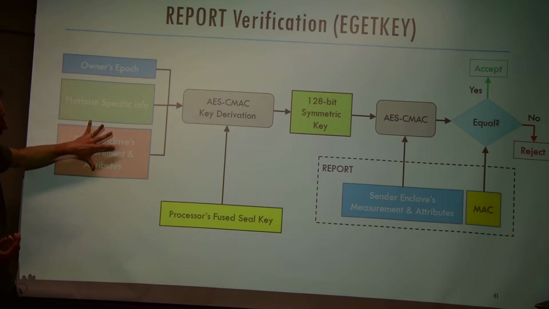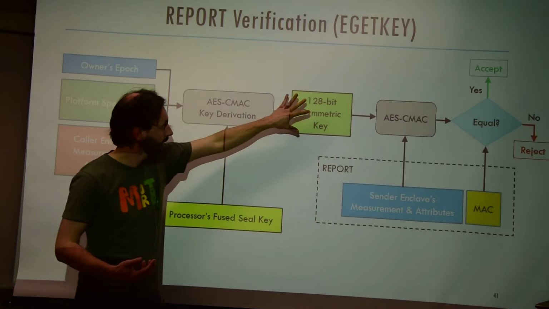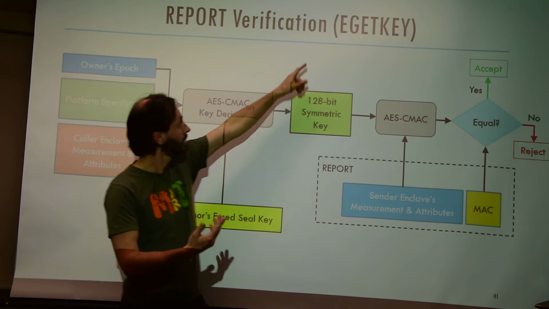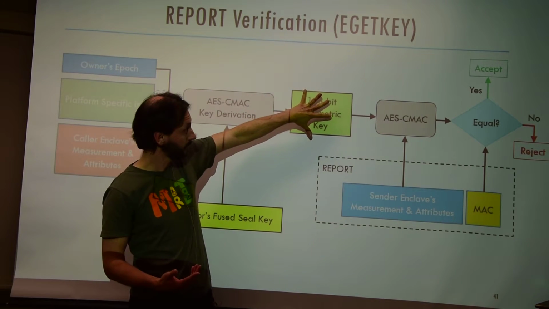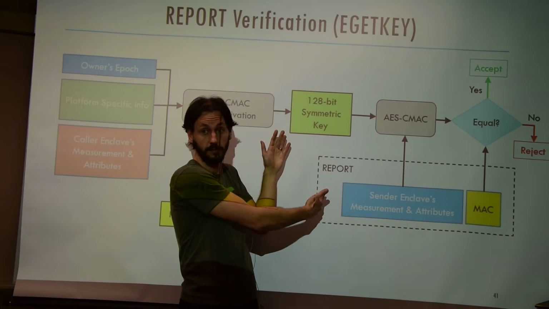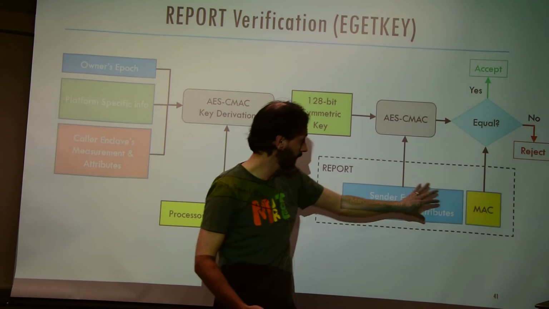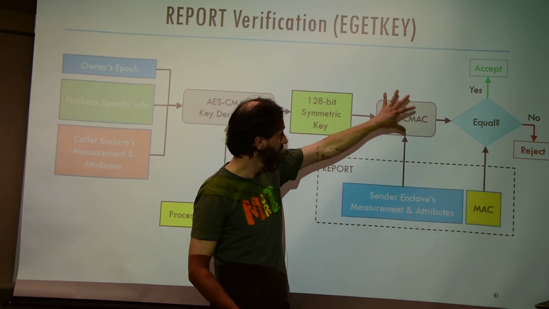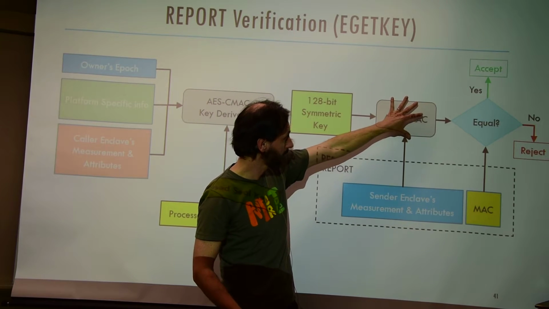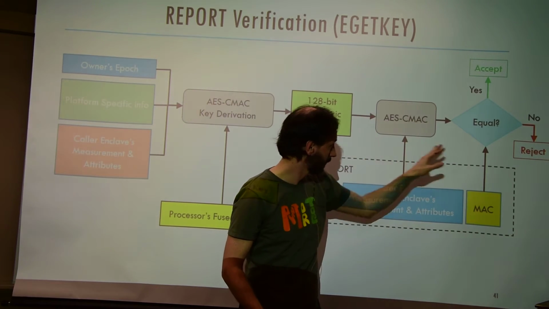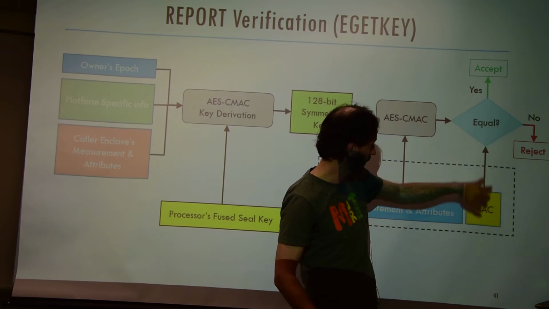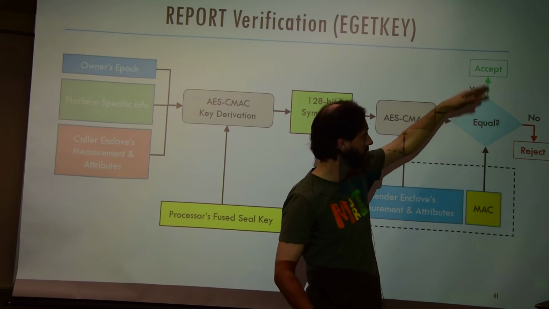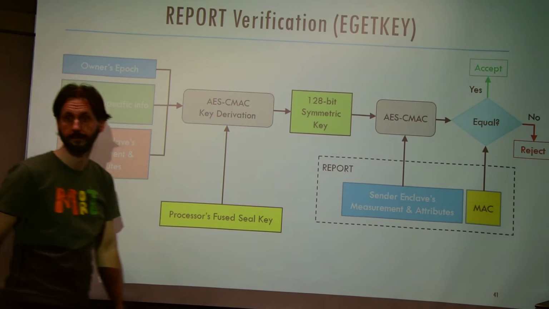So the target enclave identity is now mixed in. It gets the report key out of the EGETKEY as a result. It has received the report, so it can now extract this identity, create the MAC key, then produce its own copy of the MAC, and then check whether they're equal, and then you can accept or not accept.